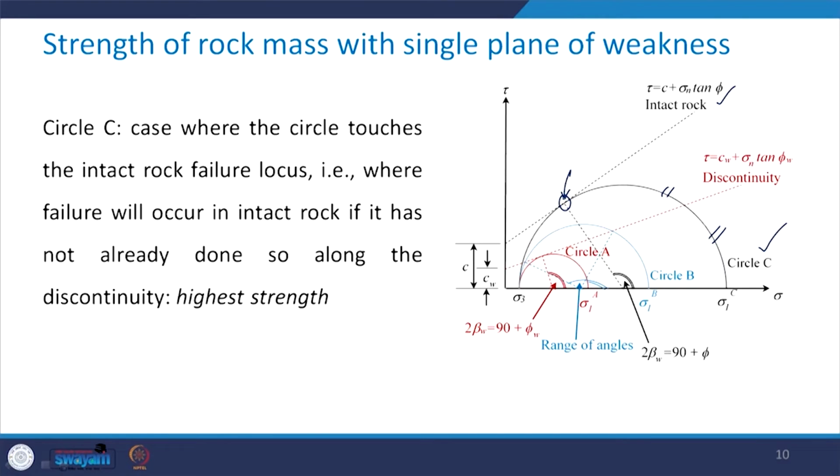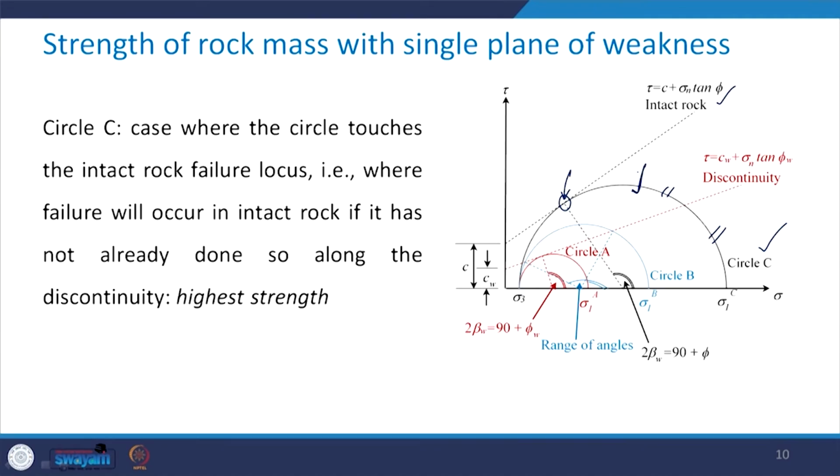So if the rock mass has not failed along the discontinuity, then there are chances that it can fail with respect to the intact rock.